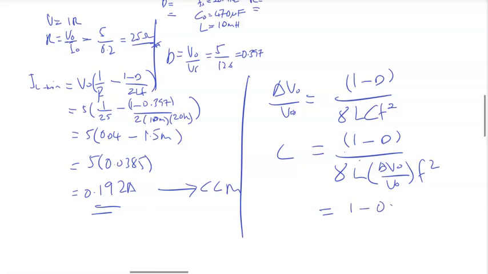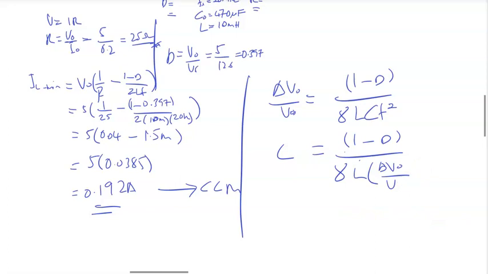Okay, then you insert all the information that you have calculated. 1 minus 0.387 divided by 8 times L. L which has been provided 10 milli times your delta V. Okay, sorry guys, we're not going to search for C because C is already provided.